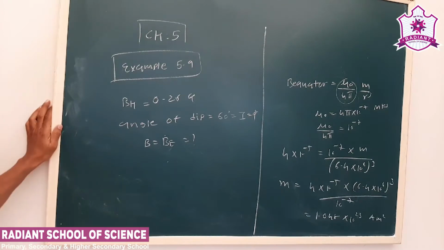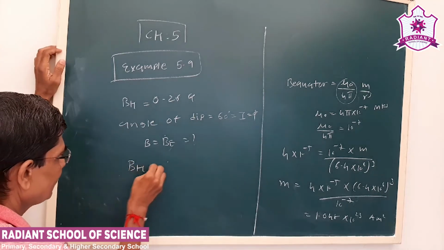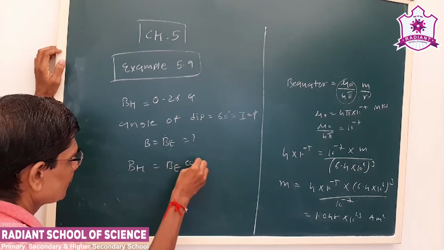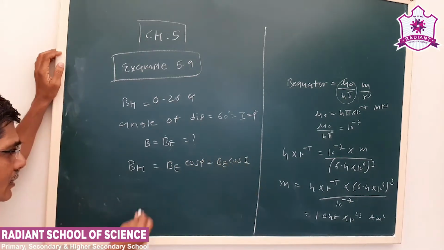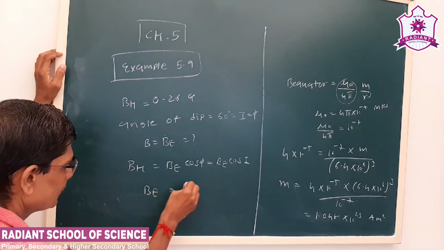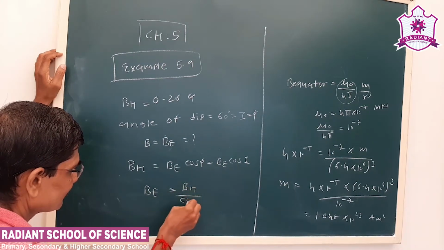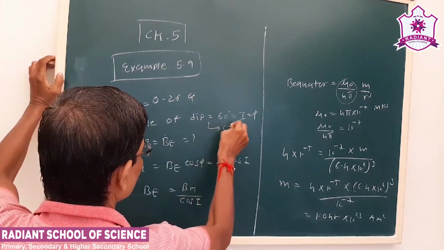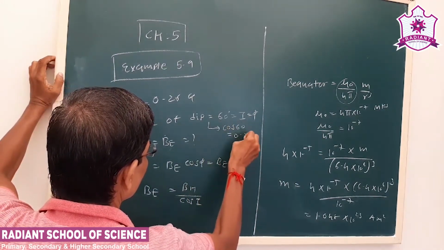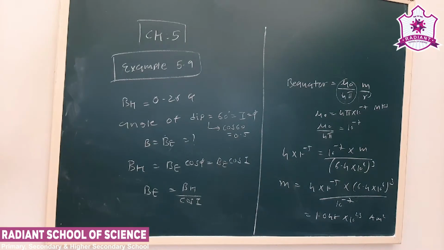Now what is the formula for the horizontal component of the Earth's magnetic field? That is BH is BE cos phi or BE cos I. We want to find out BE, that will be BH upon cos I. Now the angle of dip is given as 60, and cos 60 is 0.5.